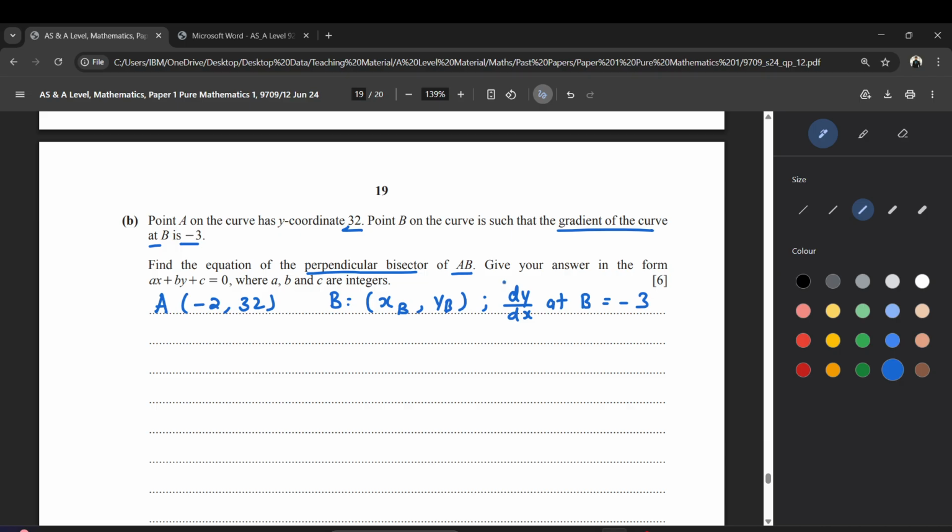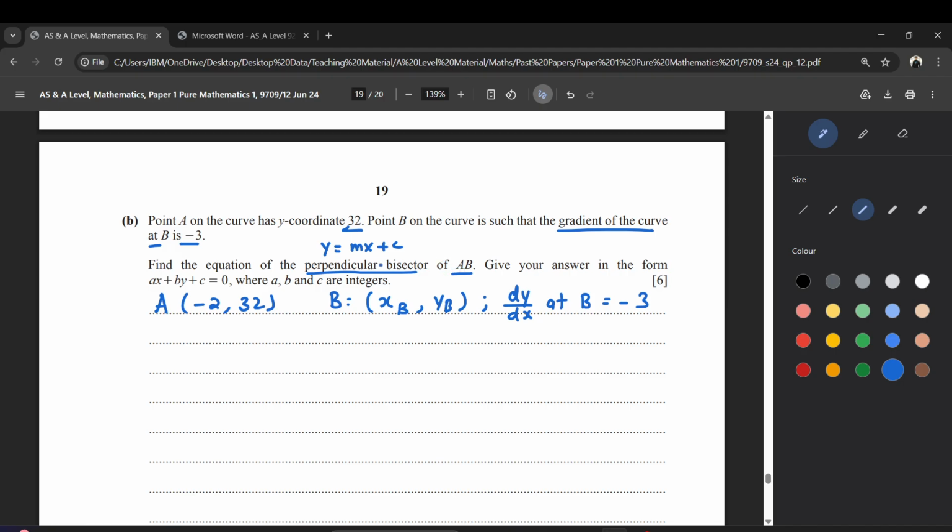So if you want to find the perpendicular bisector, again, a perpendicular bisector is a straight line equation, it's a linear graph. So you need the gradient of the perpendicular bisector of AB and you need one coordinate. The coordinate that we usually take for a perpendicular bisector is the midpoint of your line AB.